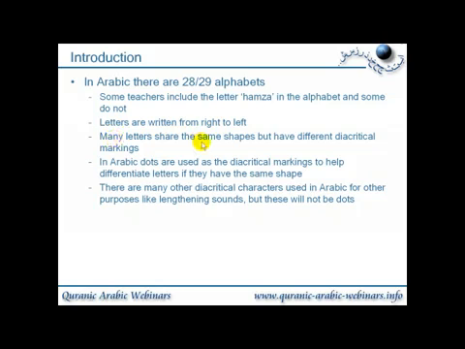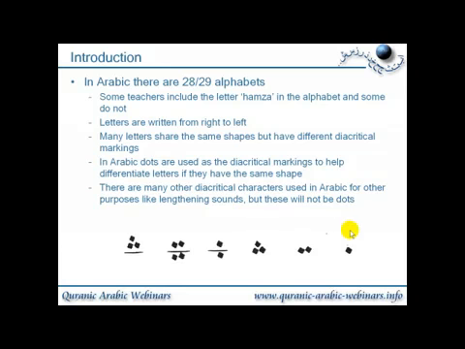Many letters share the same shapes but have different diacritical markings on them. In Arabic, dots are used as diacritical markings to help differentiate letters if they have the same shape. There are many other diacritical characters used in Arabic for other purposes, like lengthening sounds, but these will not be covered here.